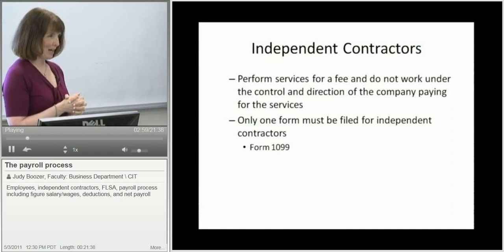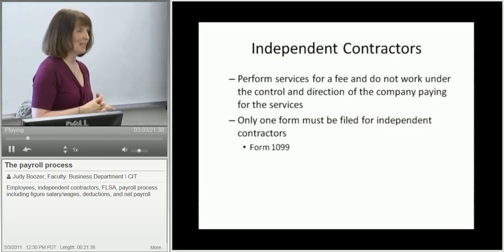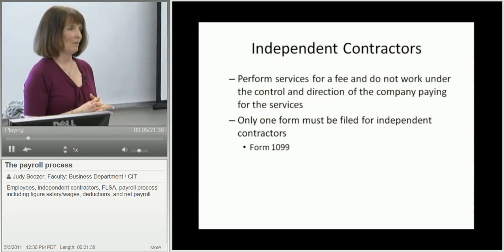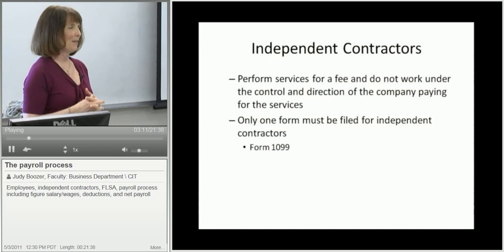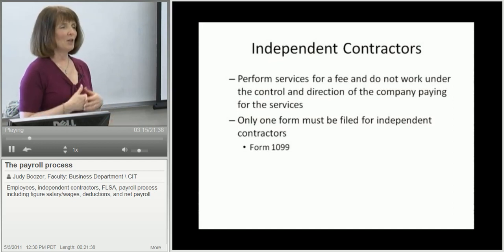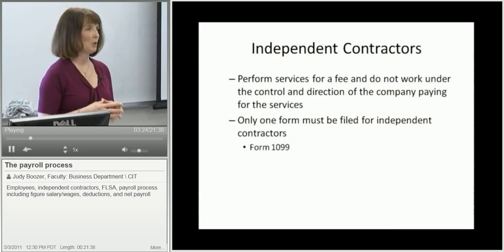Independent contractors receive money for their services, but they're not an employee of the business. So therefore, they have to pay all their own taxes. They have to pay them by filing their tax returns. So you're not going to withdraw it from their salary. They're totally responsible. And again, they receive a different form at the end of the year from you.